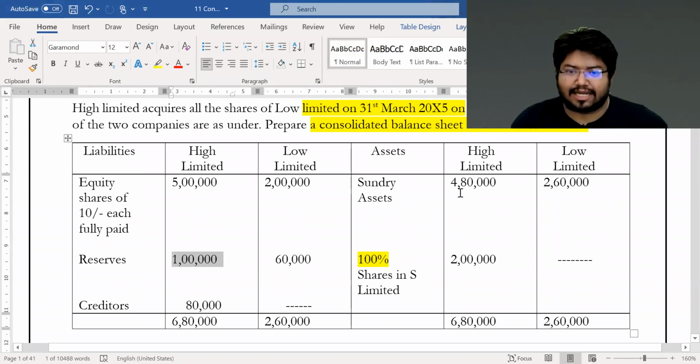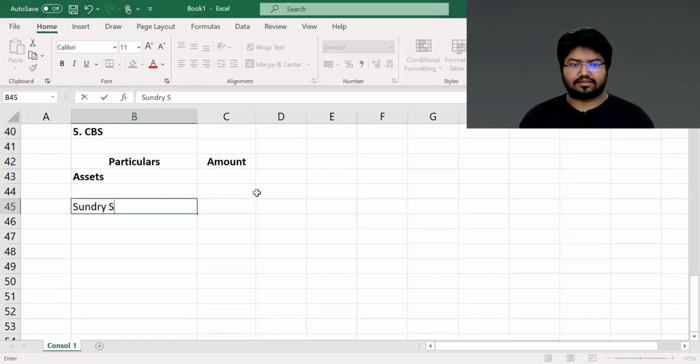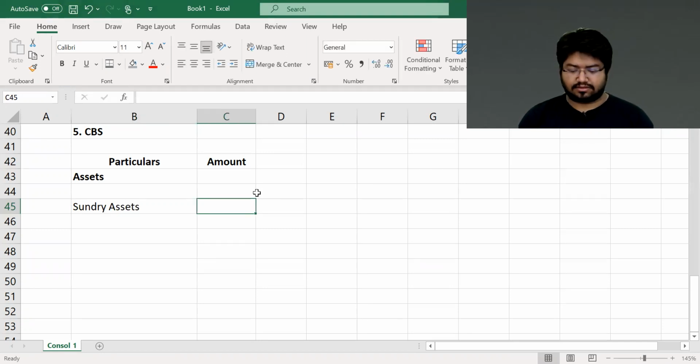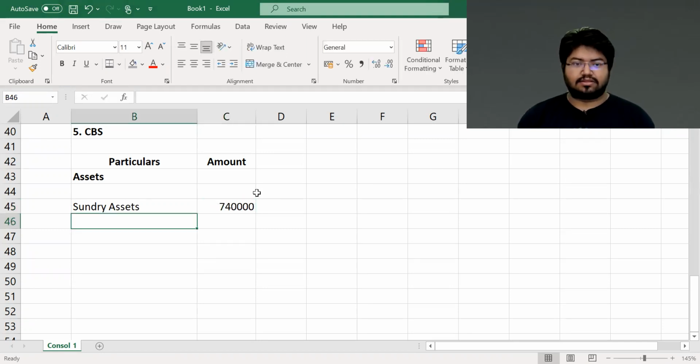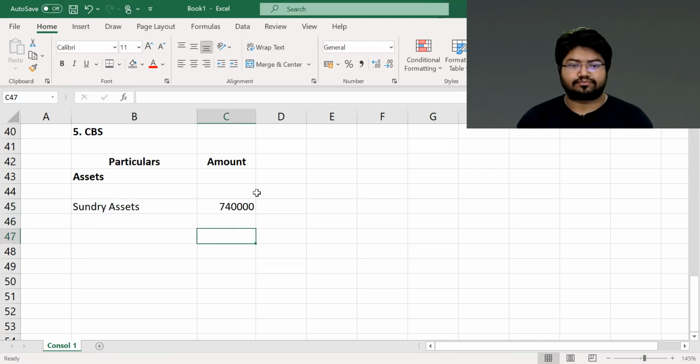It's going to be 4,80,000 plus 2,60,000 comes to 7,40,000. So sundry assets: 7,40,000. Beyond that, there is nothing else here.